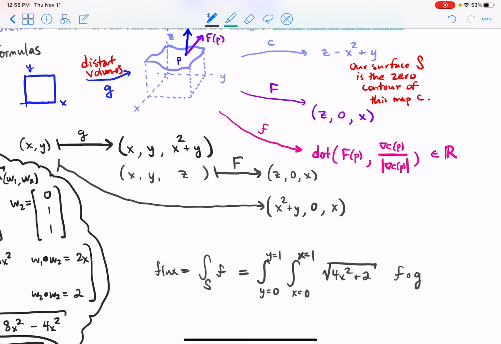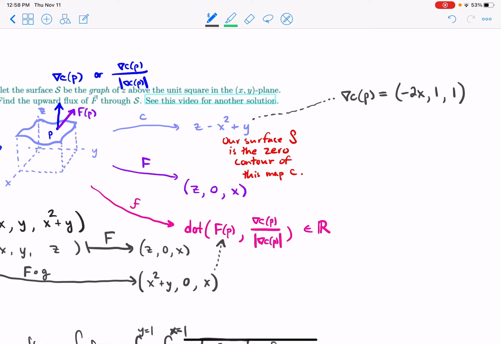Okay, so that's what I'm going to put here. And now I need the gradient and to normalize the gradient, so maybe I'll go over here and compute the gradient of C at the point P. It's going to be, okay, so negative 2x. Now I take the y derivative. You have to remember gradients. Do you remember how to do gradients? I hope so. Then I take the z derivative. And that gives me a vector.